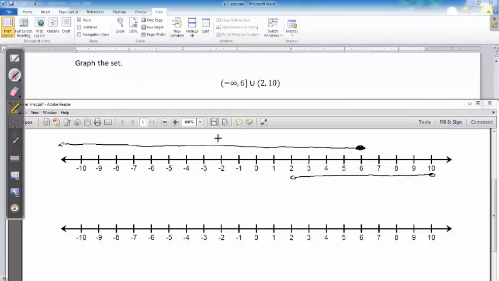Now the union would be the combination of both sets. So if you see here, if we dump everything in either set, then we will have everything from here. I think I'm going to go ahead and continue graphing above, so I don't have to make a really thick line across all of it. And it will continue all the way out to 10.